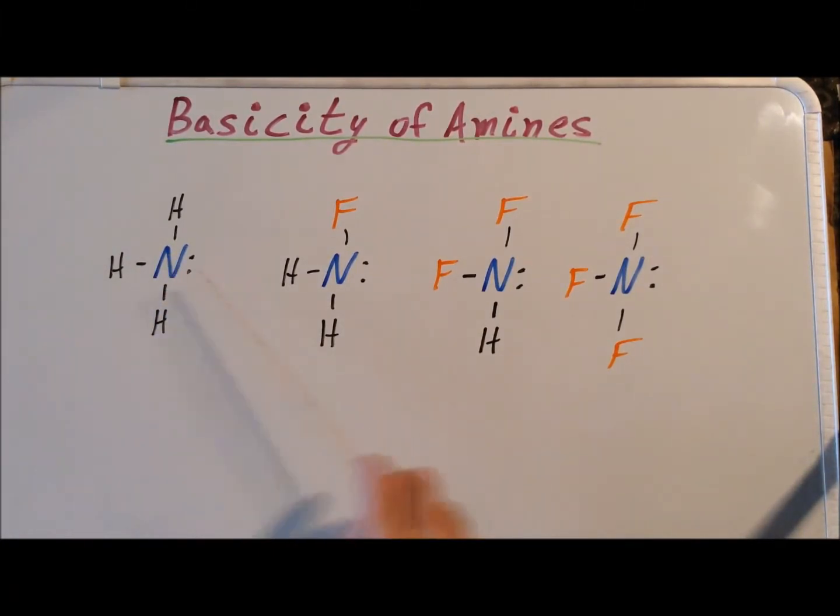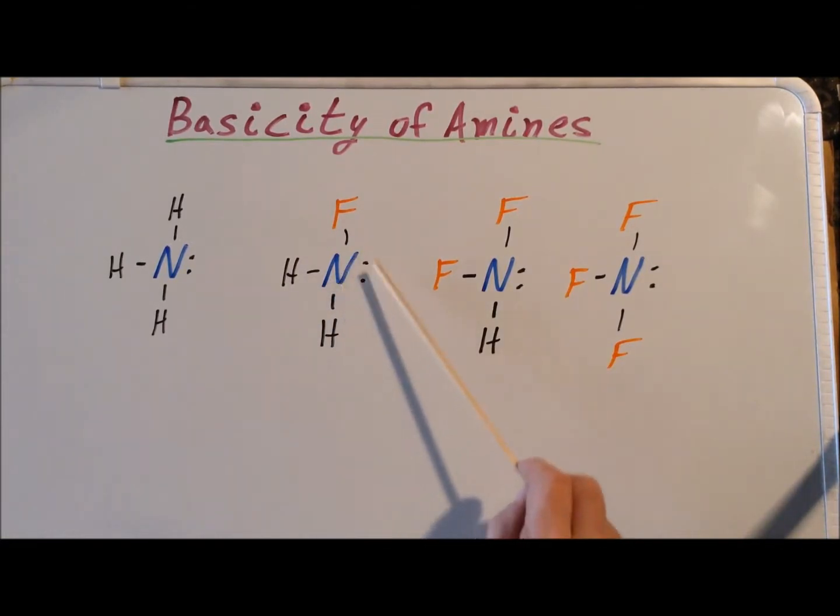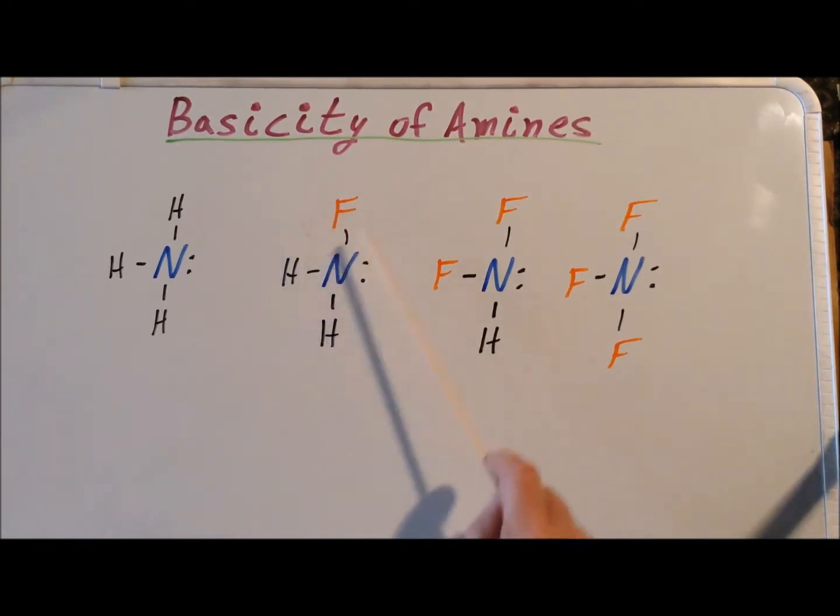Anything that makes it less available will make it a weaker base. So we know that the effect of electron withdrawing groups is to withdraw electron density from the neighboring atom. So that means this lowers the electron density in the lone pair, which makes it less available to donate. Therefore, the electron withdrawing group makes this a weaker base.